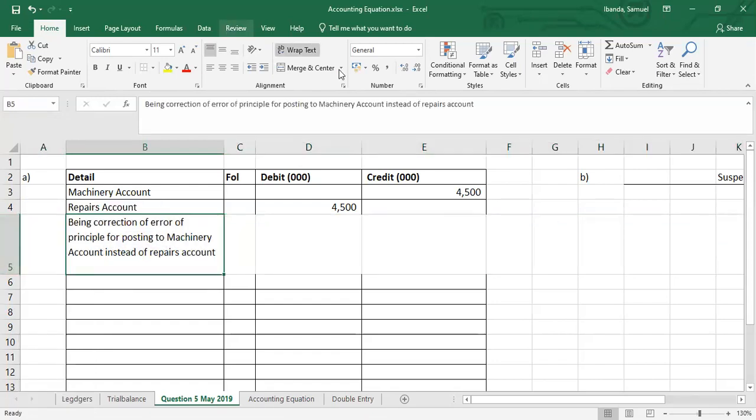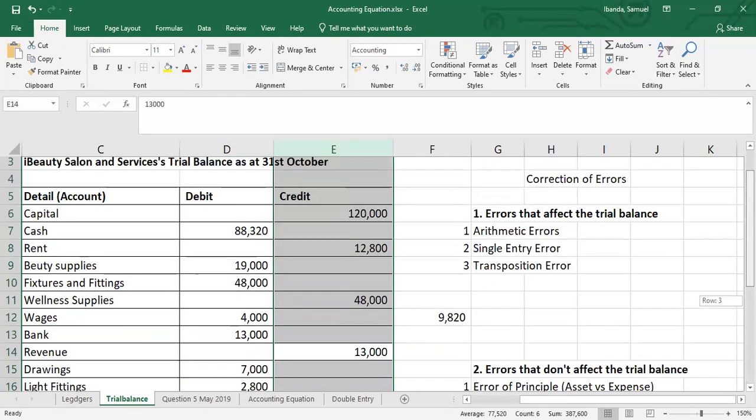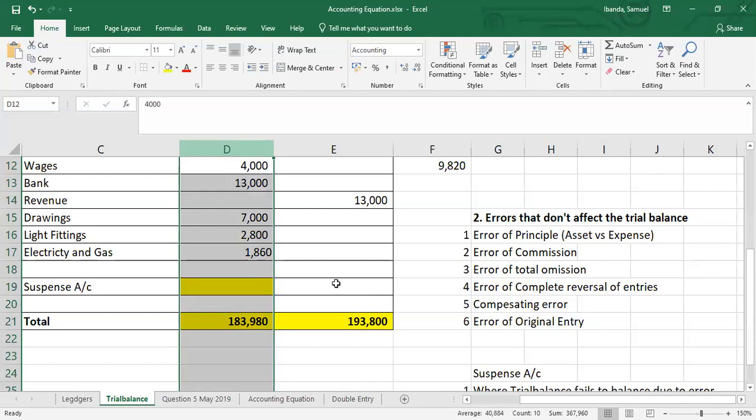Somebody asks: debits being more than credits, why is the suspense on the debit side? Now I want to get back to here. Remember in our trial balance, in this learning question we were doing before this came through, we said that if one side is more than the other side, for example here the credit side was more than the debit side, you get the total and put the suspense on the side that is less than the other.